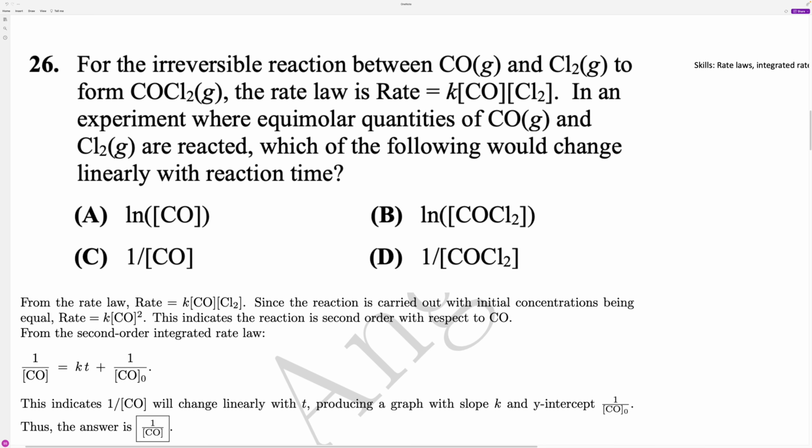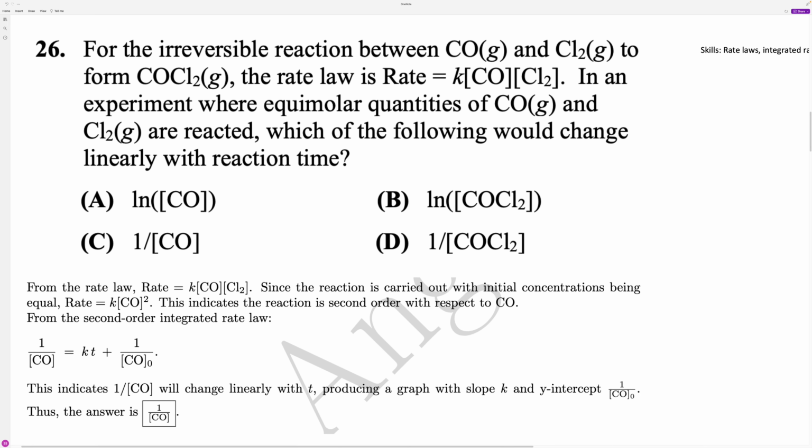Now let's move on to question 26. So question 26 is where you need to know your rate laws, and you're going to need them for the rest of this section, essentially. You need to know your second order integrated rate law as well. So as we can see here, the rate is k times carbon monoxide times chlorine, and it's saying that there's equal molar quantities of both of them.